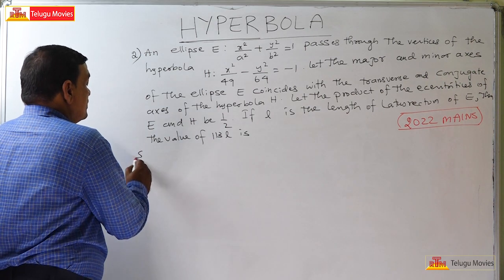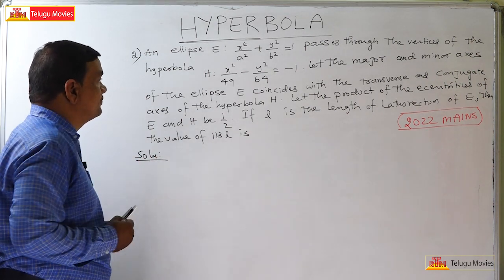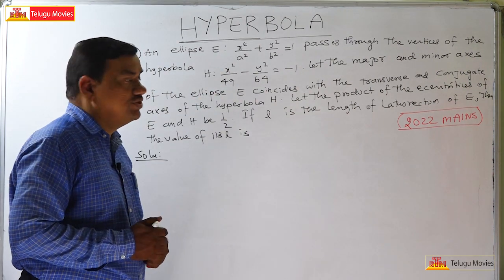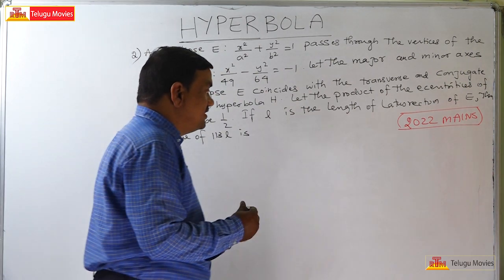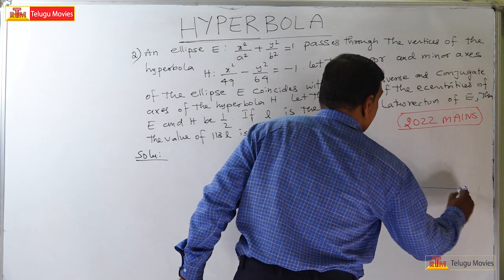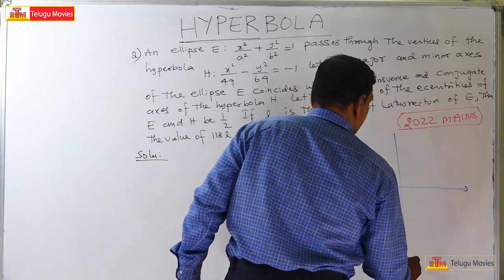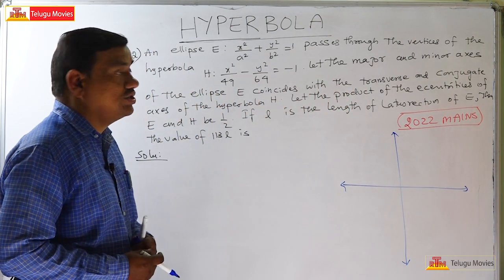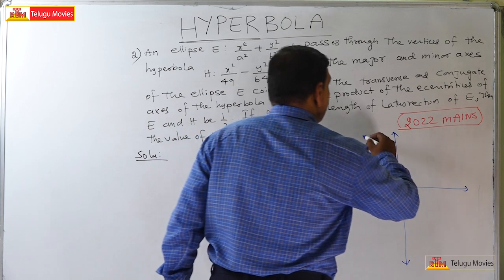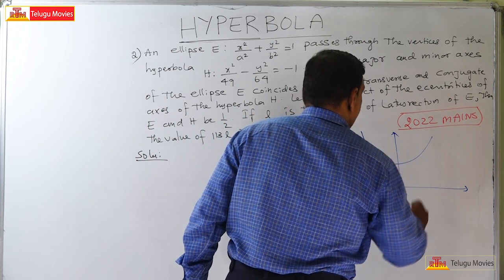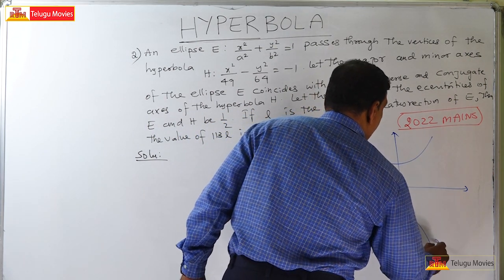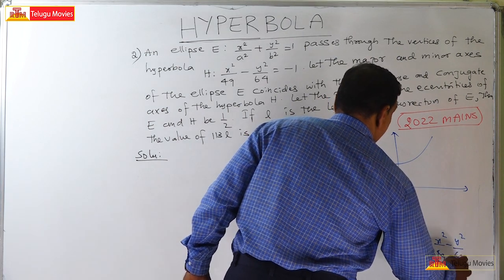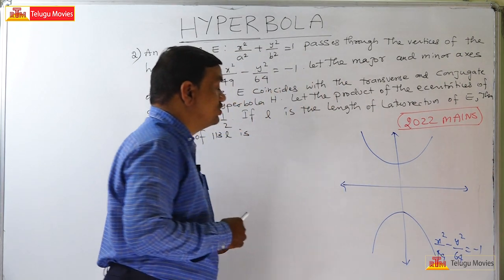Before solving, first draw the diagram. See here, x square by 49 minus y square by 64 is equal to minus 1. This is a hyperbola, a conjugate hyperbola.